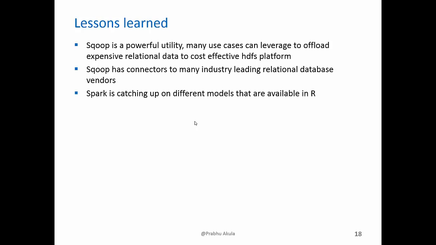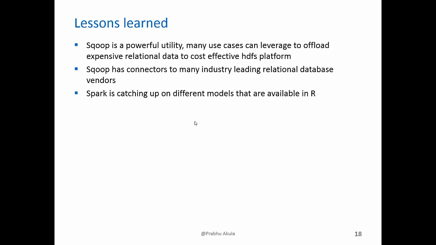Sqoop is a powerful utility. Many use cases can leverage it to offload expensive relational data to the HDFS platform. And as we see here, Sqoop has connectors to many of the industry-leading relational databases. Also, as a side note, Spark is catching up on different models.